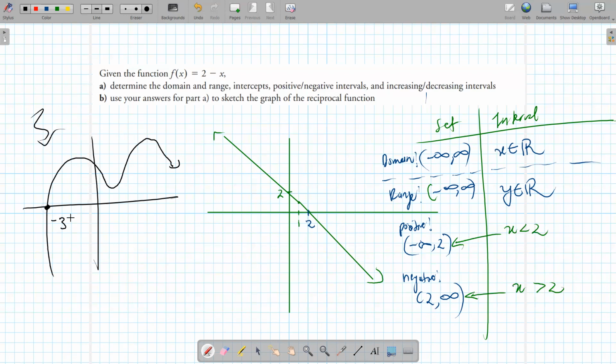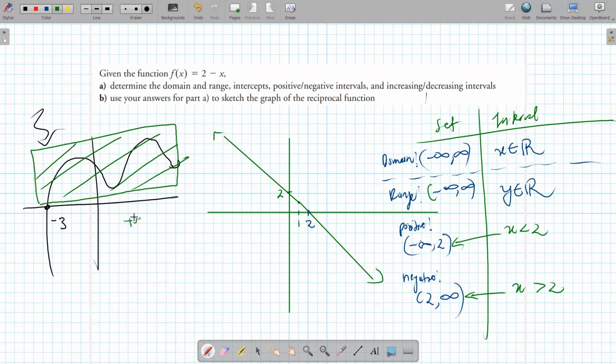You see this point? -3 on the x. Well, as you can see, it's positive here, right? Do you agree? So what's the x value? What's the cutoff point? It's -3, right?